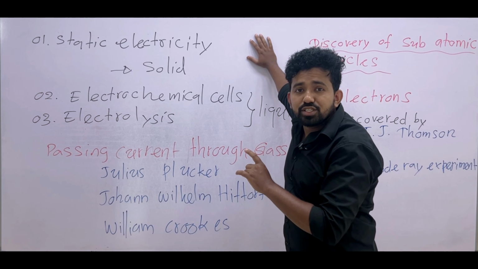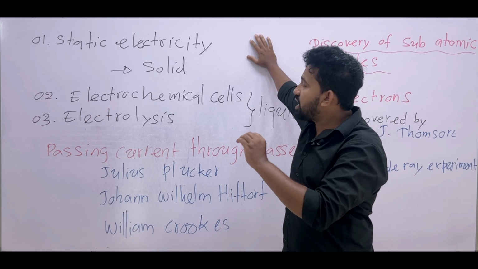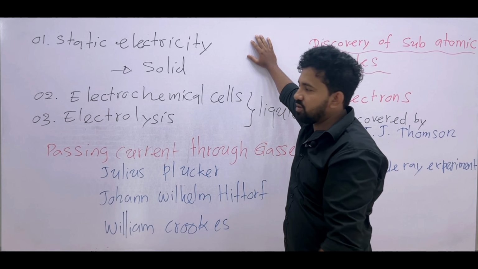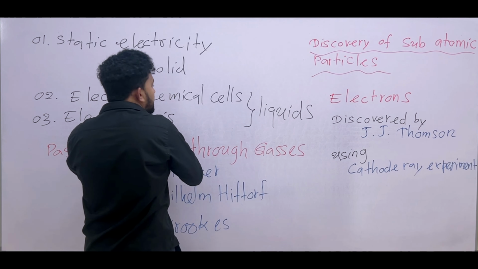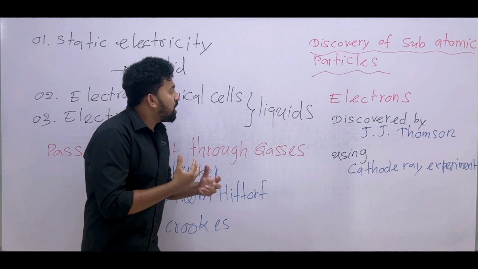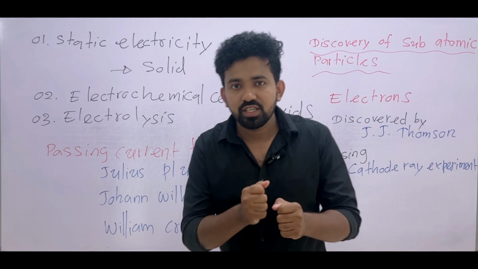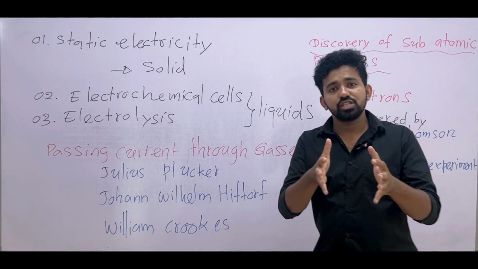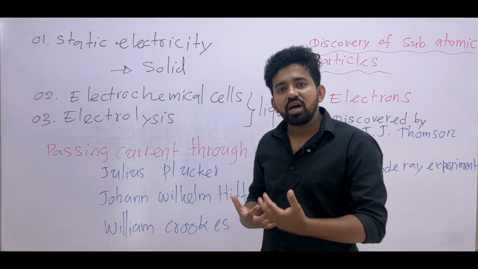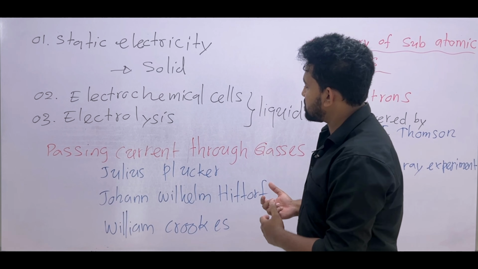Static electricity gives some idea how we can pass currents through solids, and electrochemical cells and electrolysis give some idea how we can pass current through liquids. And earlier scientists did research to find out how we can pass current through gases.